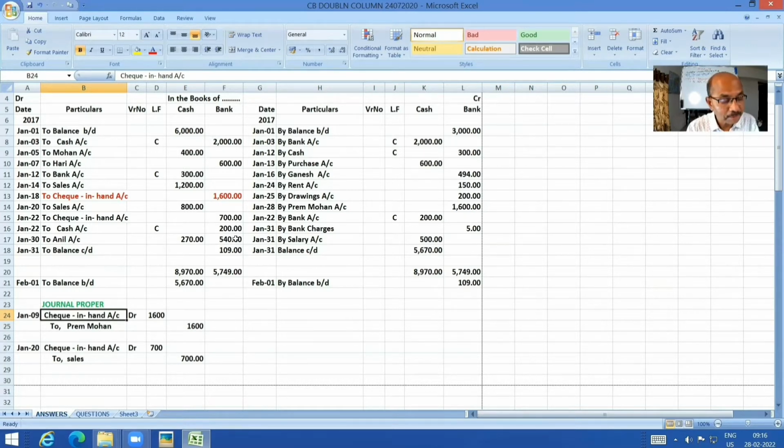I think the triple column cash book has been removed from your syllabus. Otherwise, the scenario would have been slightly different. Let's not worry about what is not there in the syllabus now. And they have categorically told the check was deposited into the bank. That's what I confidently put to Anil in the bank column itself, as far as the check is concerned. Cash, of course, we have to put it.